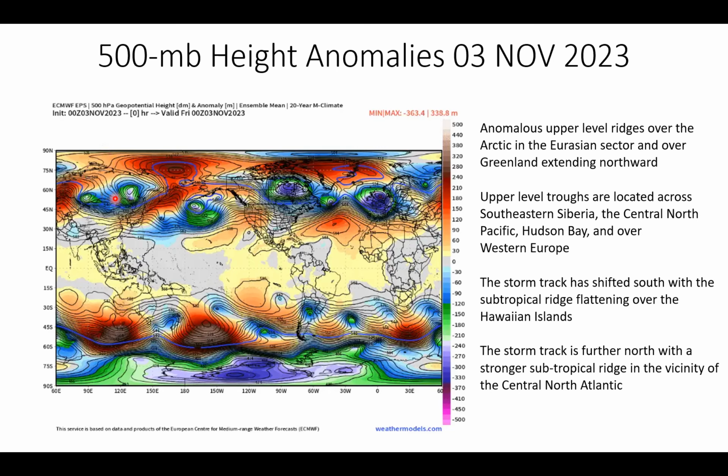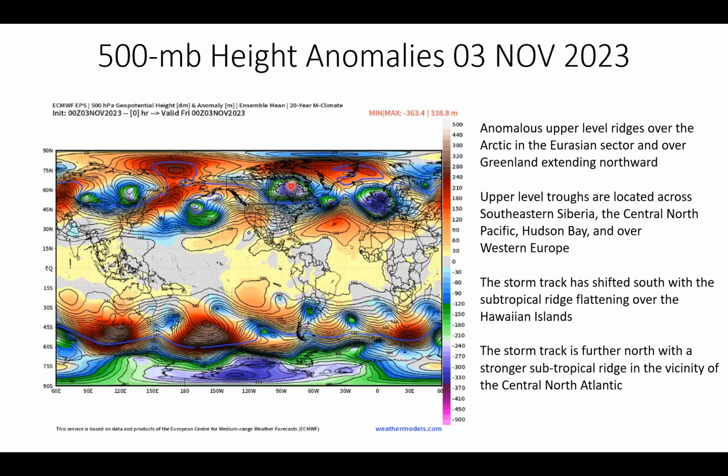Additionally, we have upper level troughs in these green colors and purple colors. We have one upper level trough generally located over southeastern Siberia at this location. Then we have that huge upper level ridge separating the upper level trough over southeastern Siberia from another upper level trough across the central North Pacific Ocean.